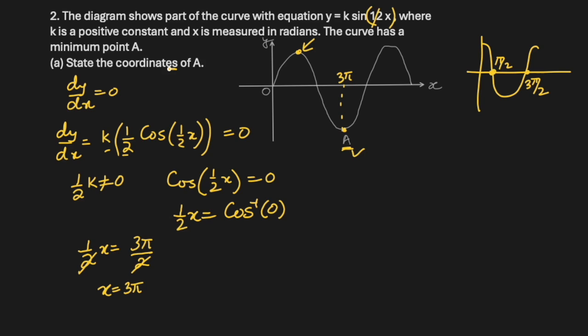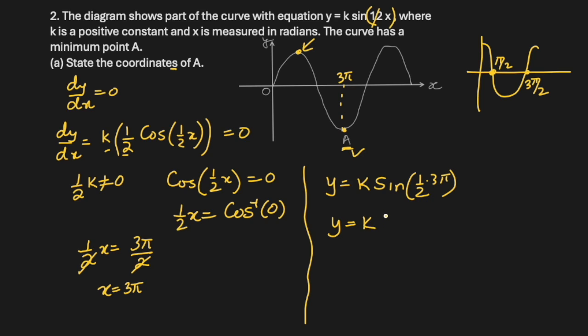State the coordinates of A, that means y is needed. For y, what will we do? We substitute this 3 pi into the equation. So y is equal to k sine half times 3 pi, which is 3 pi by 2 again. So y equal to k, and sine 3 pi by 2 is minus 1.